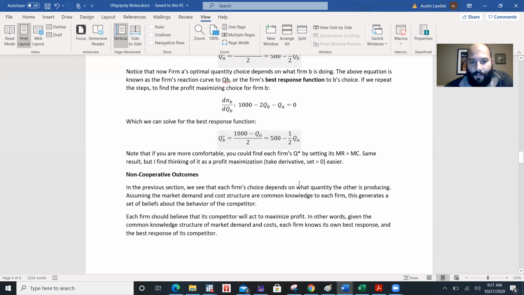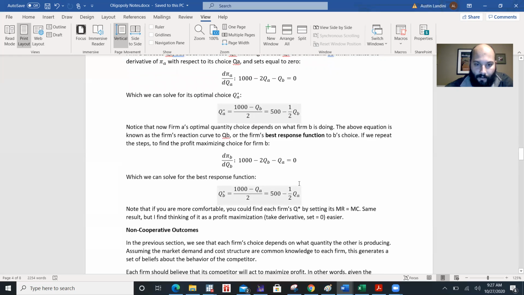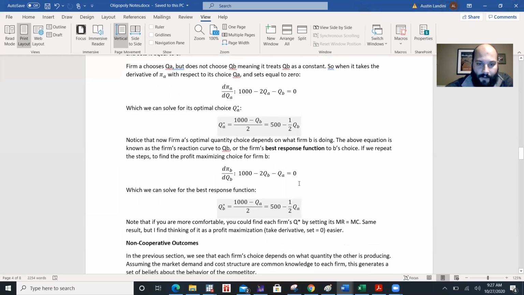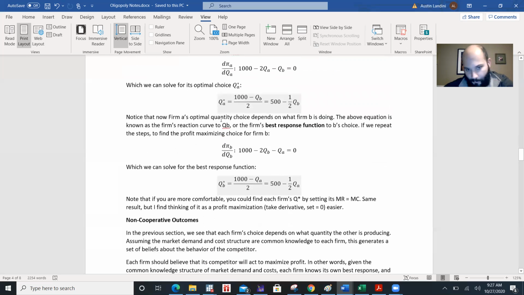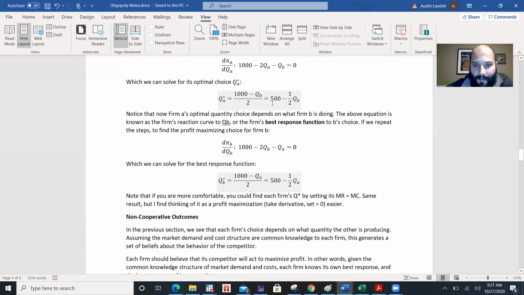What we call these are best response functions. Each company knows the market demand and they know total costs. And for now, we're assuming that each company knows that total costs are the same for both. So each company knows that they have this best response function, which is a function of what the other company is producing.